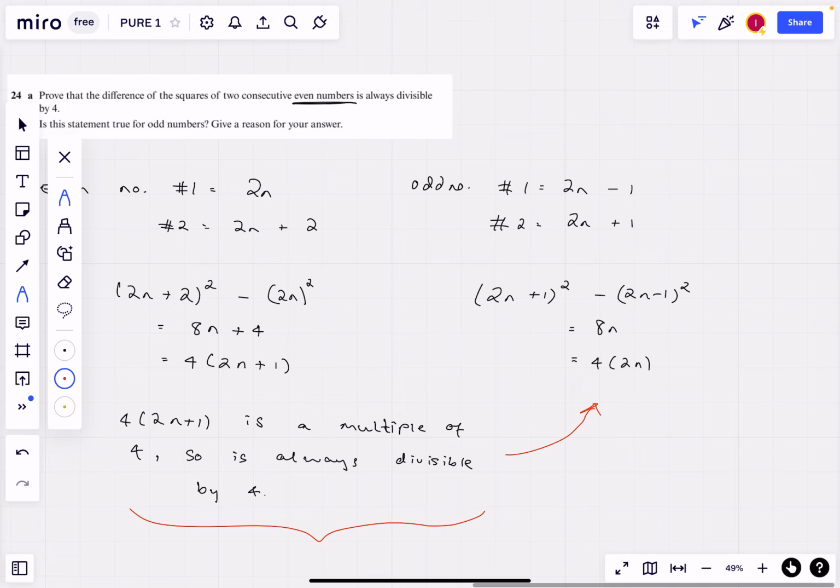That's it. So yes, it is true for odd numbers as well. That is essentially how you do proof, or 2 types of proof questions. The best way to get good at proofs is to do as many questions as you can. So I would definitely suggest taking the time to go through them.